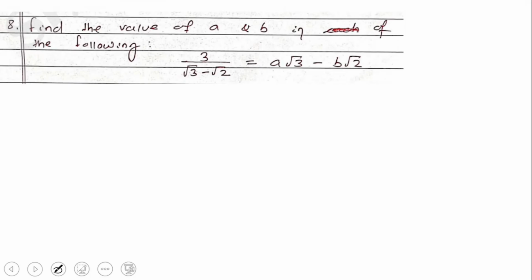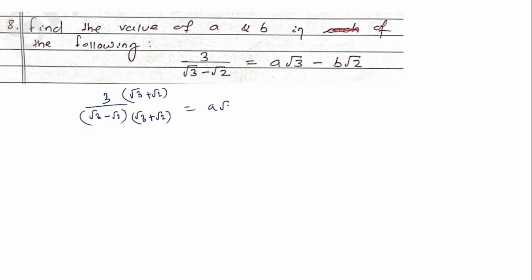Find the value of a and b in the following. So first write down 3 by root 3 minus root 2, multiply root 3 plus root 2, multiply with numerator root 3 plus root 2, equal to a root 3 minus b root 2. Now a square, that is 3, minus b square, that is 2.